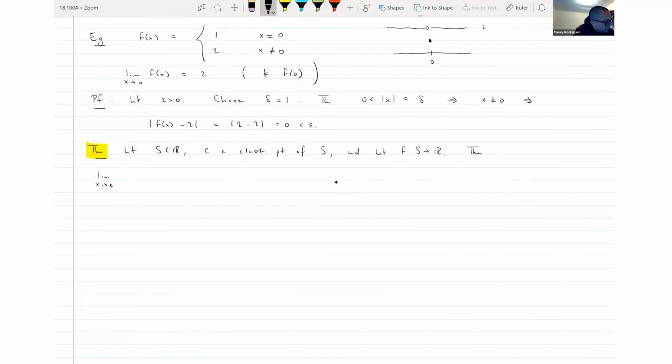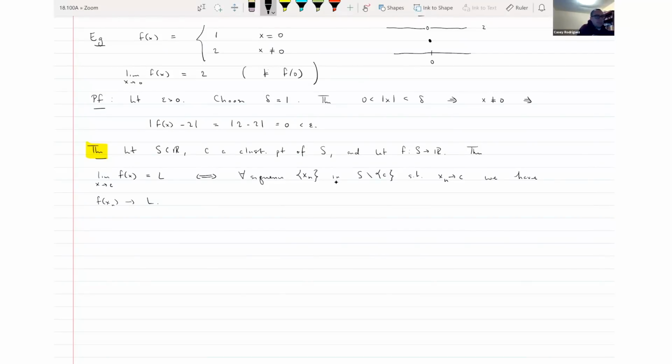Limit as x goes to c of f of x equals a number L. This is equivalent to the statement that for every sequence x_n of elements of S take away c, such that x_n converges to c, we have f of x_n converges to L.